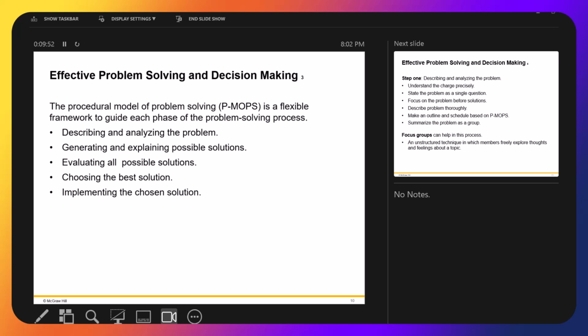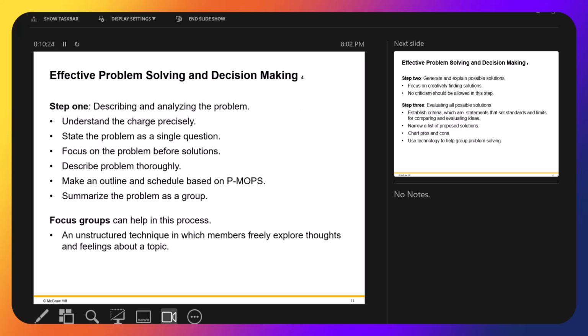Now I'm kind of giving a hypothesis, which is an educated guess. Next comes evaluating all those solutions, which I can put out there based upon my training and experience. Now we've got multiple, so we have to choose the best one. Then we implement it and make it work.